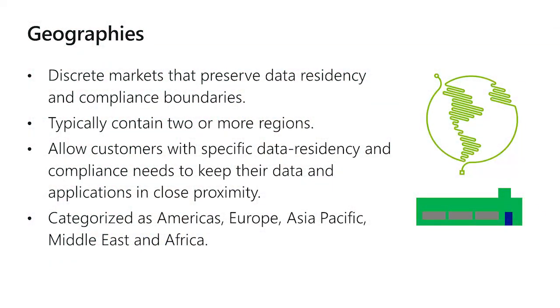Inside of Azure, we have Americas, Europe, Asia Pacific, Middle East, and Africa, where we store all of our regions. So we have this big geography, and this is something we design at Microsoft. You as our customers don't worry about this, but just understand that everything goes into a geography. And inside the geographies, we have our regions.